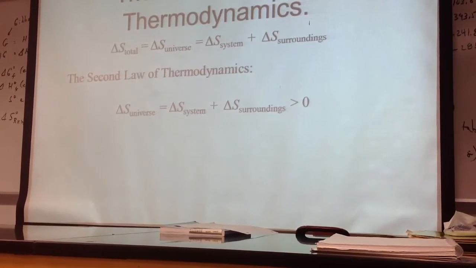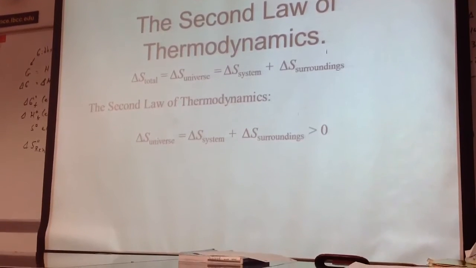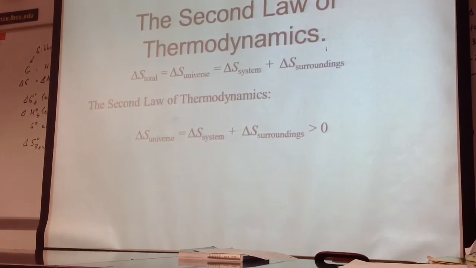But here we go. We're talking about the second law of thermodynamics. Anytime you have a change, delta S for the universe increases. That means delta S system and delta S surroundings, the sum of those two is a positive number.